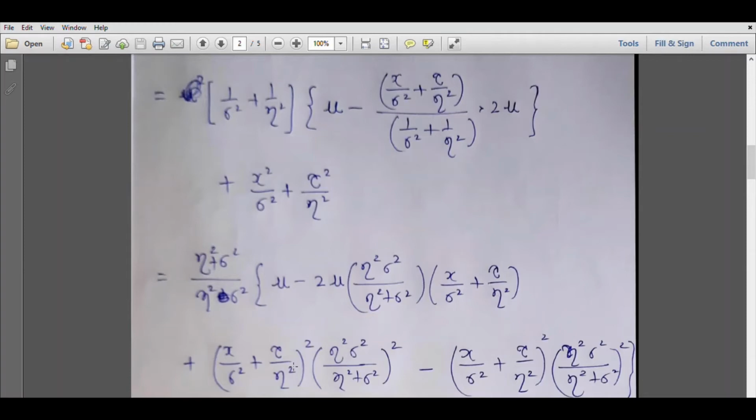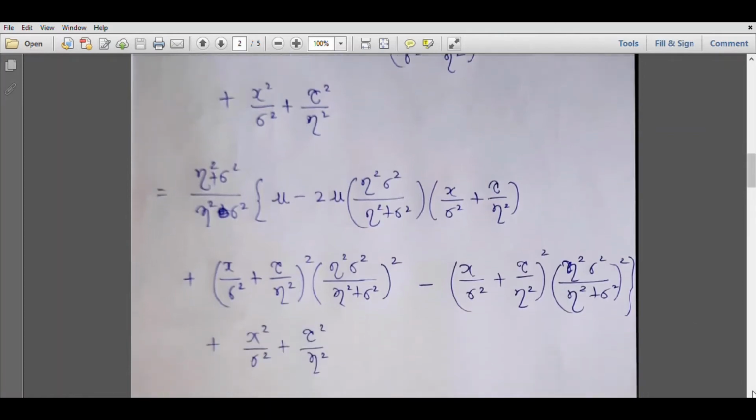Let us first add it and then subtract it from here. So the square term will be (x by sigma square plus tau by eta square) whole square multiplied by (eta square sigma square upon eta square plus sigma square) whole square. Now we are adding and subtracting the same term here. And don't forget to carry these two terms. So these terms are as they were.